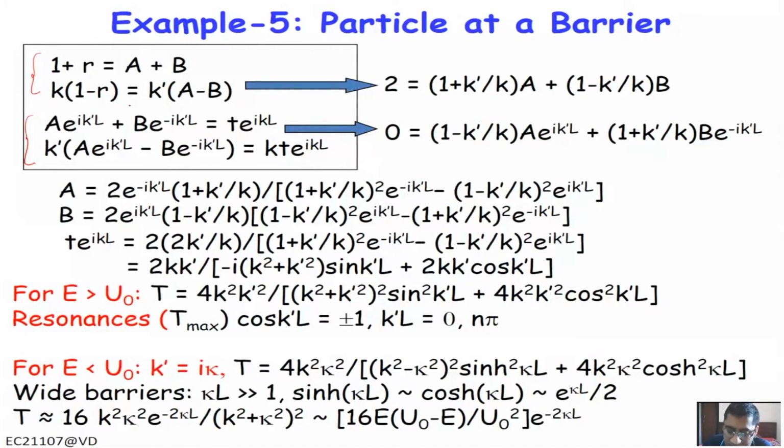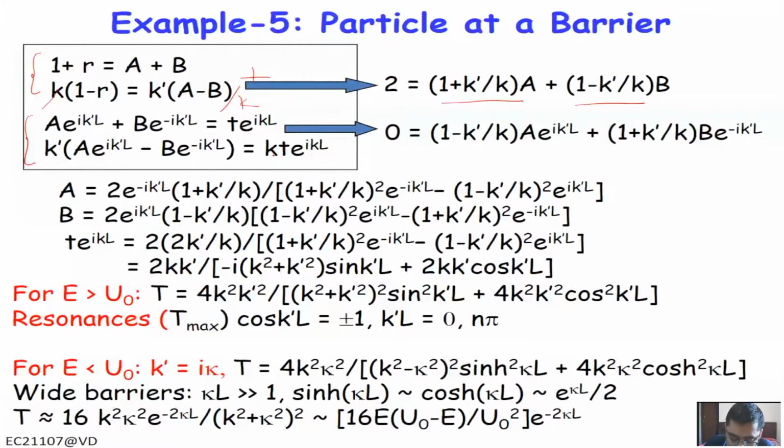From the first two equations, you divide left and right sides by k. You have 1 plus r and 1 minus r, and you add these two equations. What you get is 2 equals (1 plus k prime by k) times A and (1 minus k prime by k) times B. Then in the second set of equations, you have t times e to the power iota kL, and k times t times e to the power iota kL.